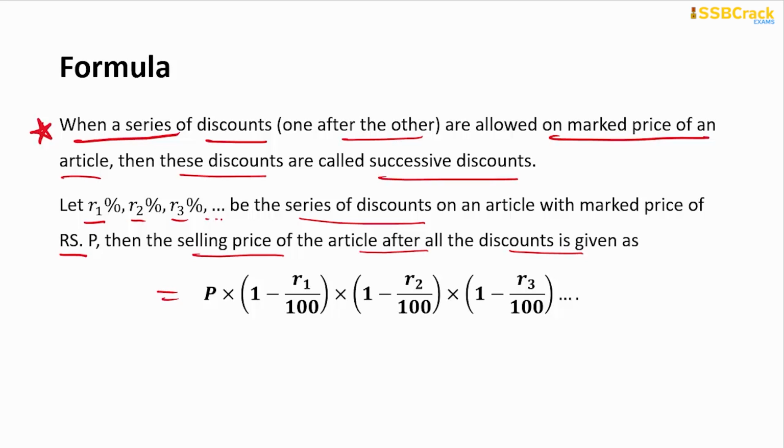And this formula is helpful to calculate the selling price of an article which is being sold after allowing n number of discount percents, R1, R2, R3, so on till Rn. Based upon the number of discounts mentioned, these brackets will go on coming. So if there are 3 discounts allowed on an article with mark price P, then we can have 3 brackets for 3 discount percents and so on. Let's check an example to better understand this.